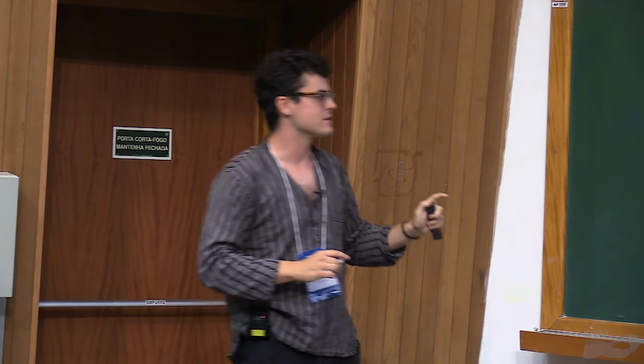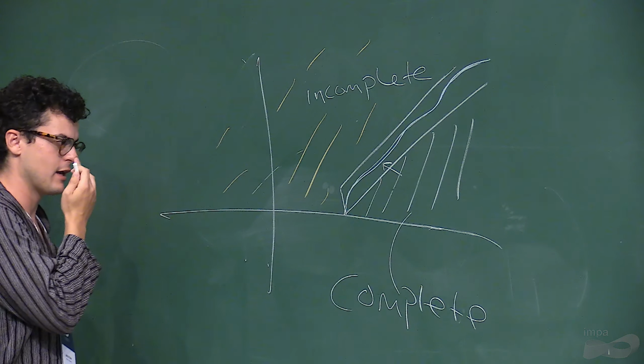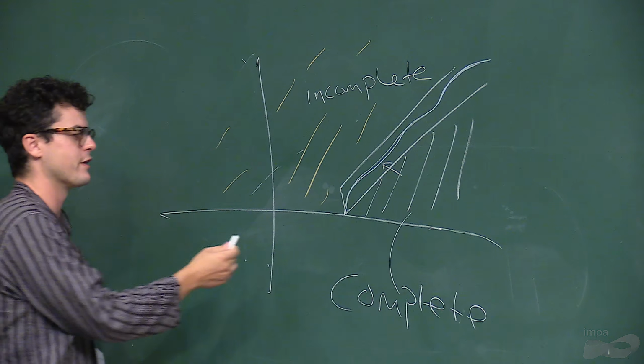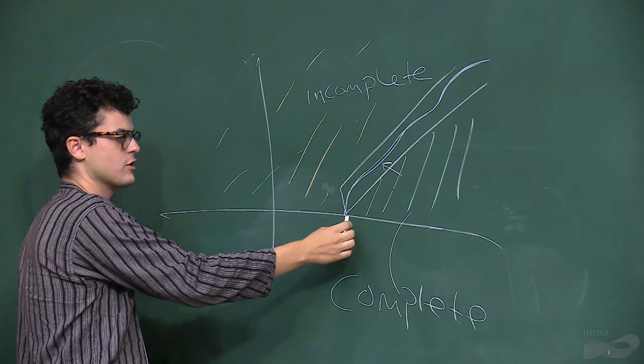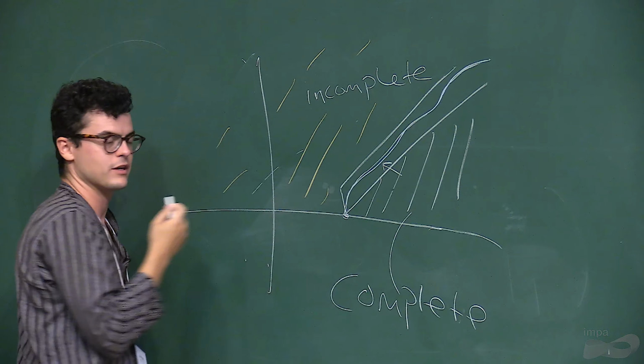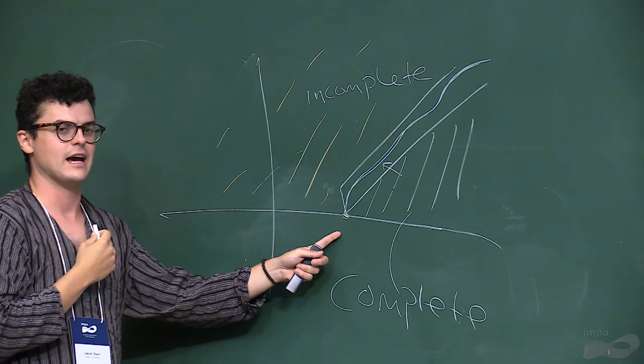The problem is, at the moment, we can't prove that you can do this. The intersection point of these open subsets is at this point.